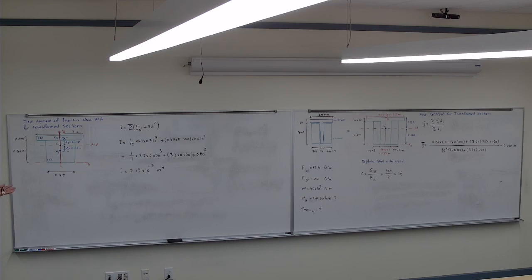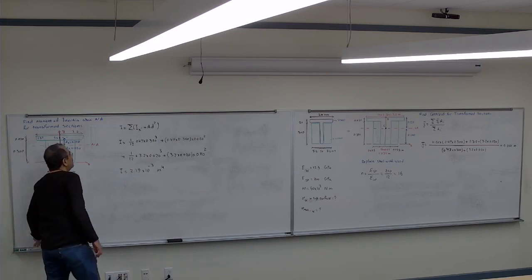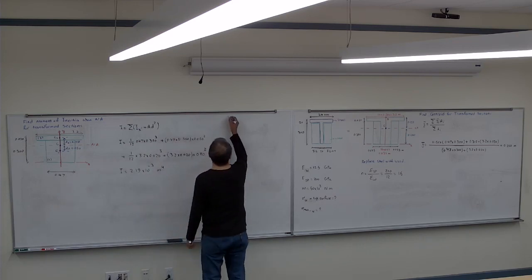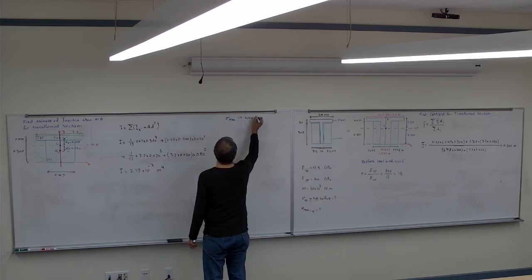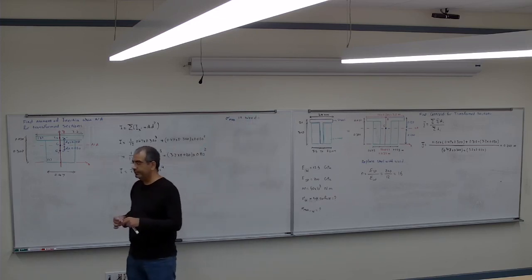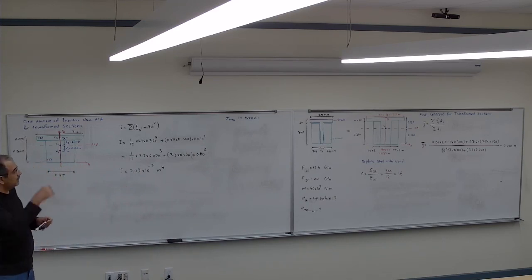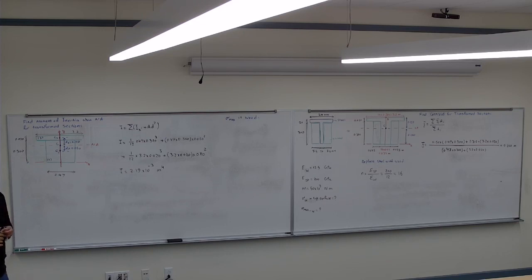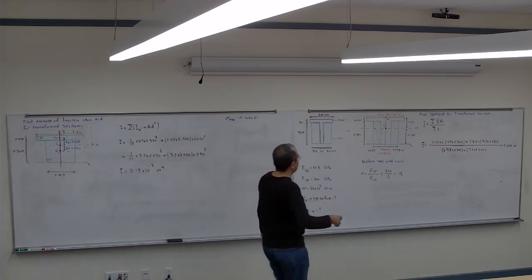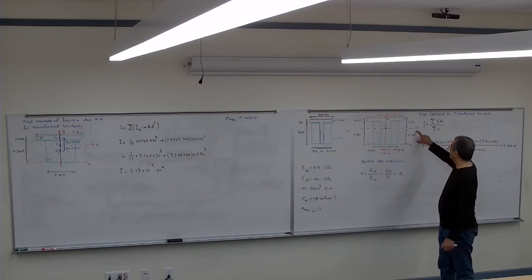Then the next part is to find the sigma. So I want the sigma max in wood. How do I calculate sigma max in wood? Is it going to be at the top or at the bottom? It's going to be at the bottom, because compared to the neutral axis, it's going to be 200 here and 120 there, so the 200 is going to be larger.